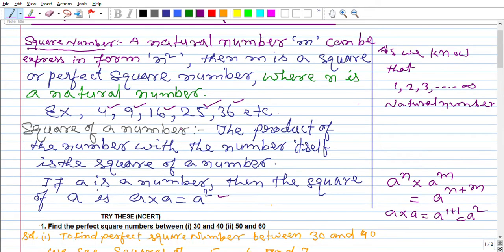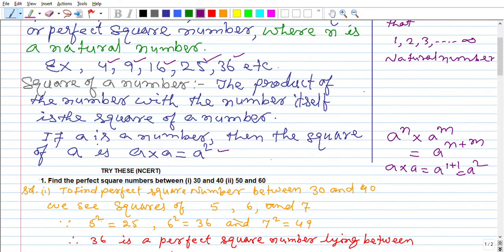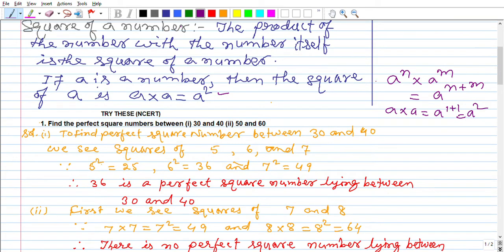Now let us try this from NCERT. Find the perfect square number between 30 and 40. Sometimes someone asks you. To find the perfect square number between 30 and 40, we require the nearest square numbers such as 25, 36, 49.